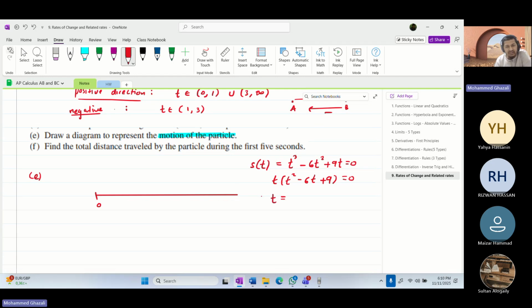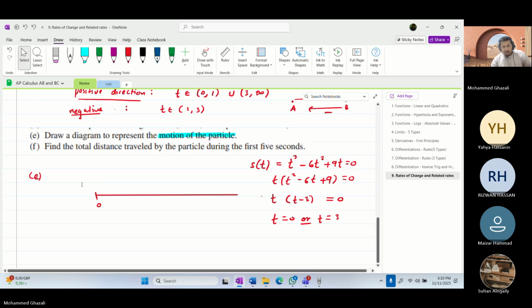Sorry, we need to factor out the entire thing. t into t minus 3 squared equals 0, okay? So t is equal to 0 or t is equal to 3. Are we good? So let's draw a graph like this then.